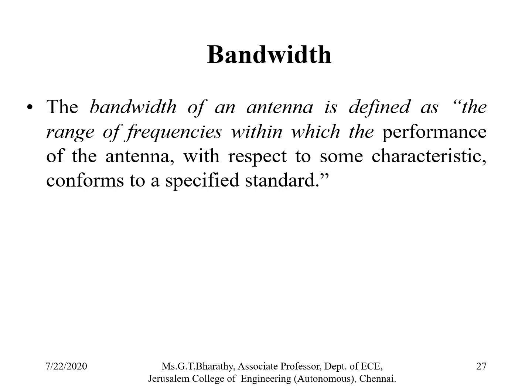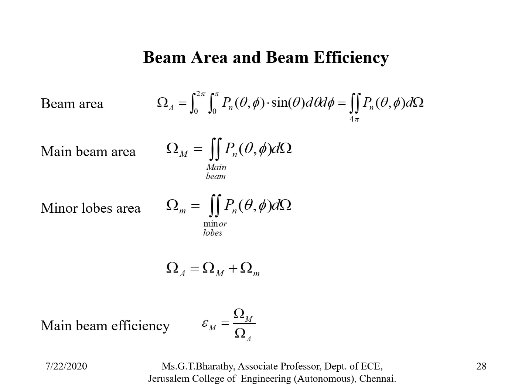Then we saw the definition for bandwidth, which is the range of frequencies over which the characteristics of the antenna is going to remain the same or constant. Then the formula of beam area and beam efficiency, where the total beam area depends on the area of main lobe and the minor lobe.